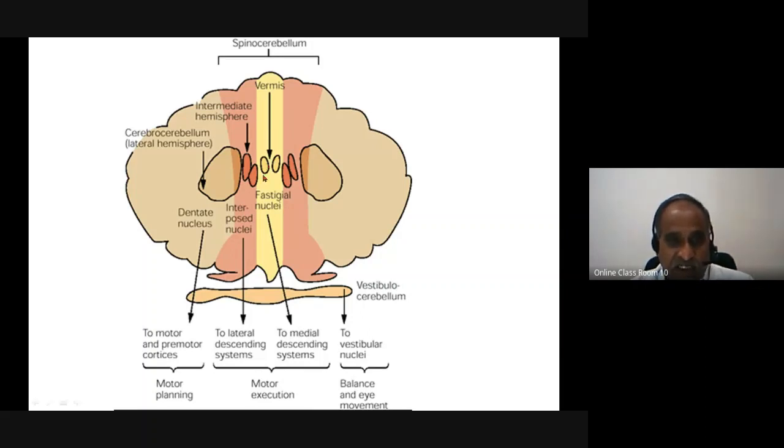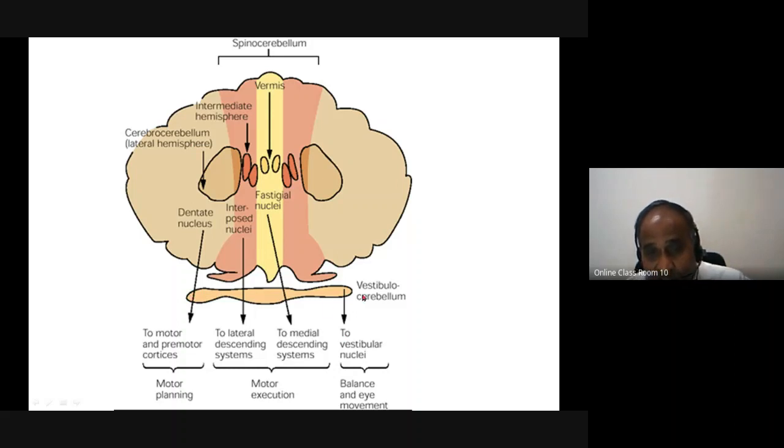Again, there is one fastigial nucleus for the vermis, the interpositus nucleus for the intermediate part of the cerebellum, and the dentate nucleus for the lateral part of the cerebellum.